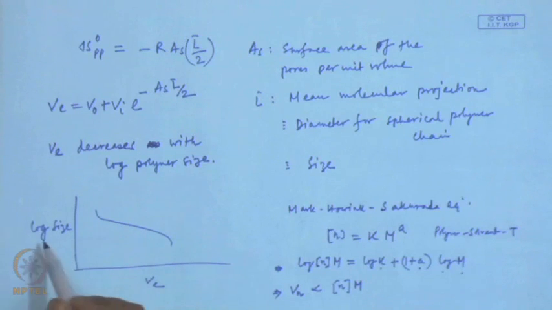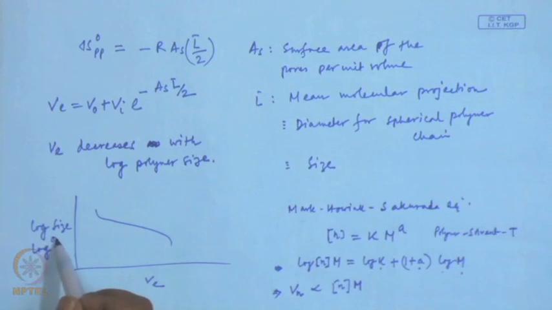So, we expect that instead of log size, if we plot log of molecular weight, we can get a linear relationship with V_E. As log M goes up, V_E decreases.